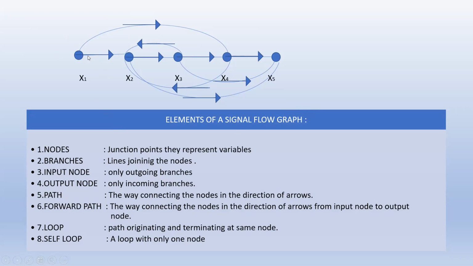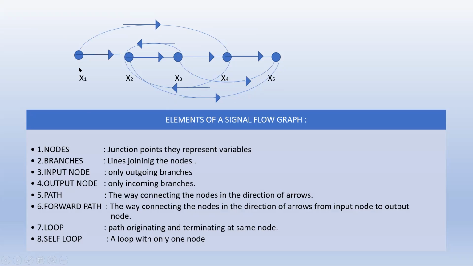If you see x1, only outgoing branches are there, so we can consider x1 as the input node. And x5 has only incoming branches, one from x4, one from x3, and one from x2. So we can say that this is an output node.